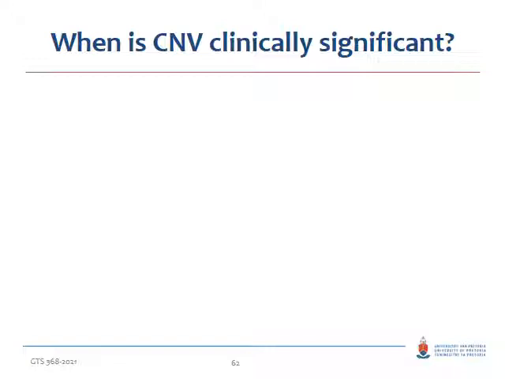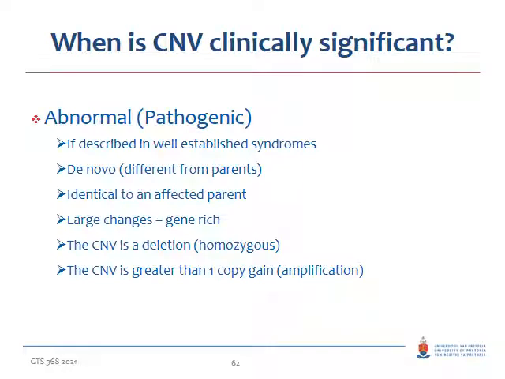This just tells us that the interpretation of these copy number variants is very significant. So you have to decide, is it abnormal or pathogenic? So when do we decide?